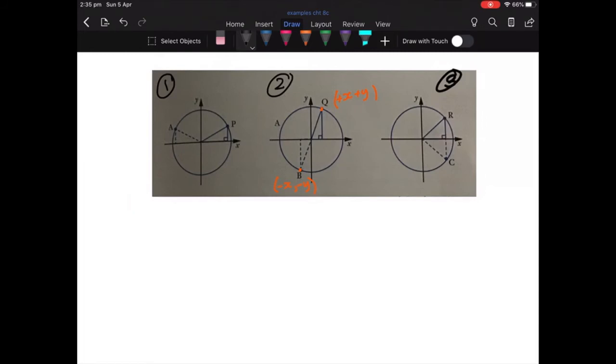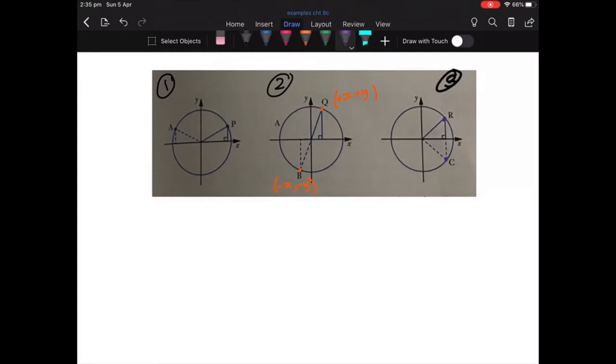Our last little example of this is over here, number 3. Again, look at point R. We're going to have positive x and positive y. If we look at point C here, the x value will be the same. They've both got a positive x value. R has a positive y value and C has a negative y value.